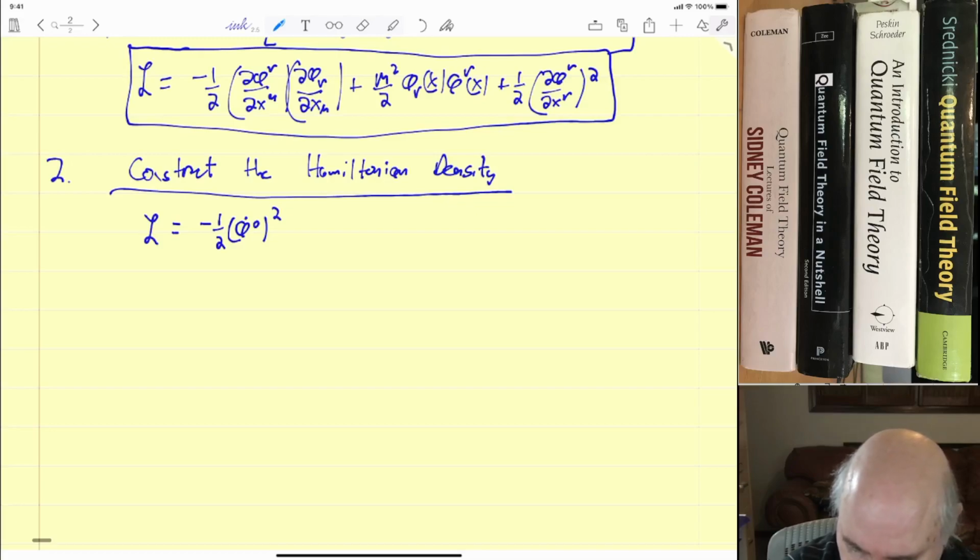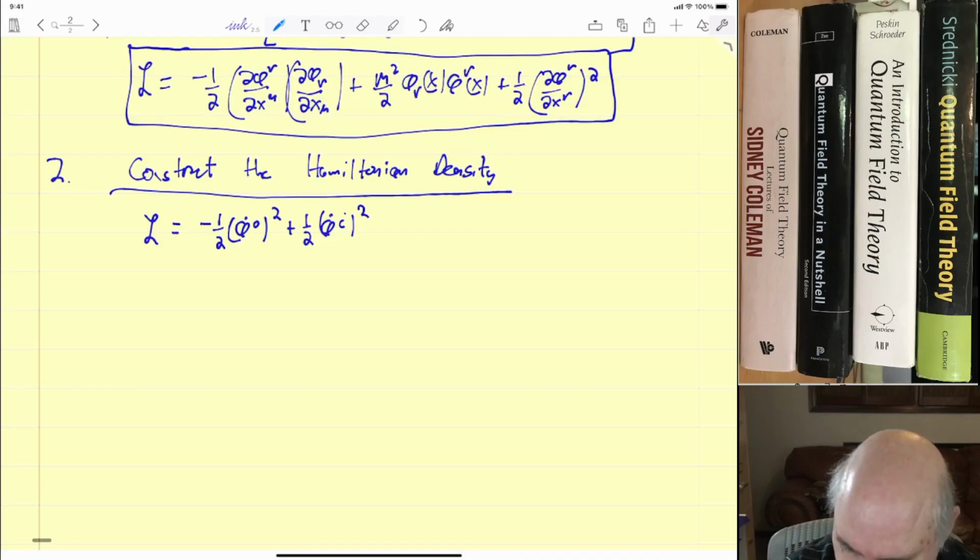And then the spatial things, again, we have mu equals 0. These are both, doesn't matter for time where the indices are. But for the spatial, the i's, these have different signs. So this becomes plus 1/2 phi dot i squared.